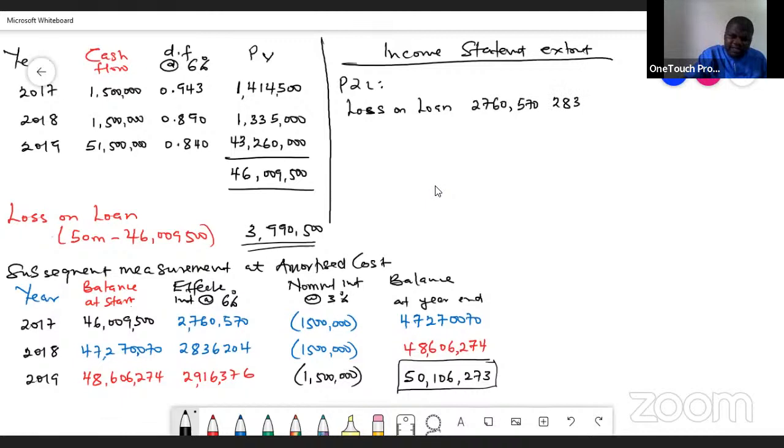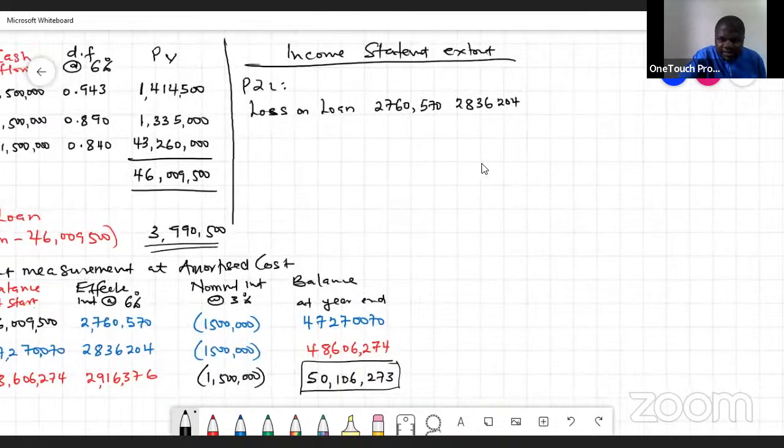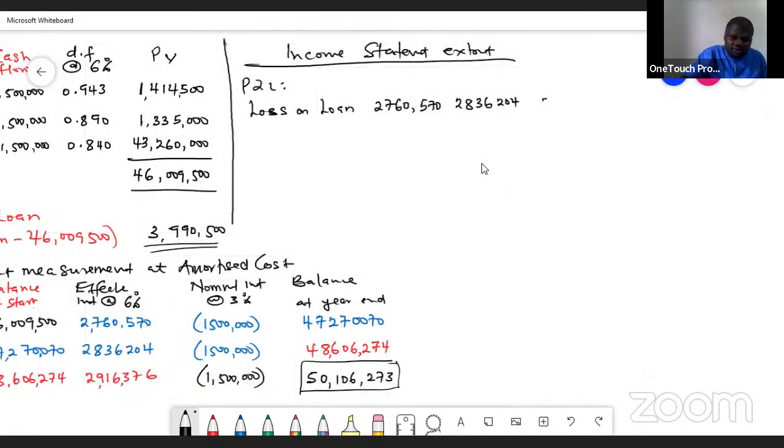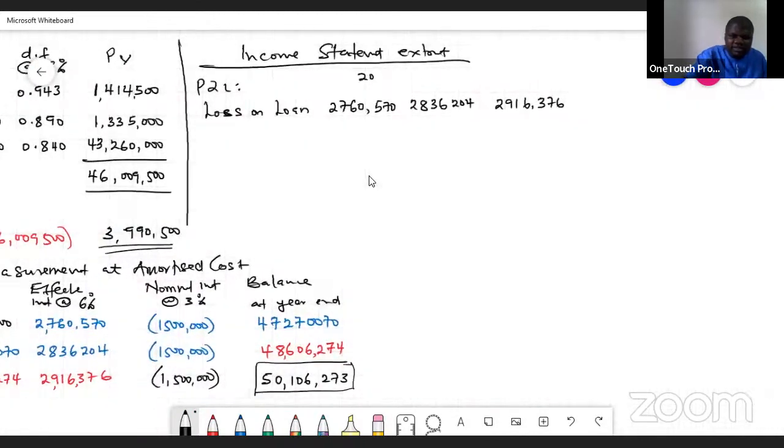Then 2,836,204, then 2,916. So 2017, 2018, 2019.